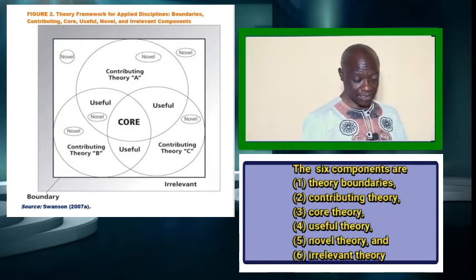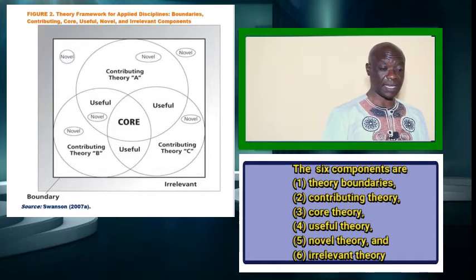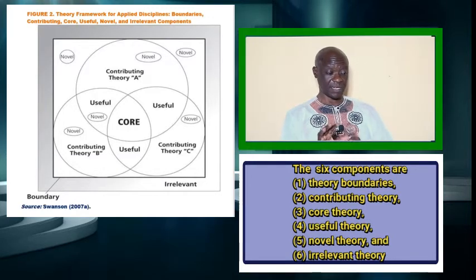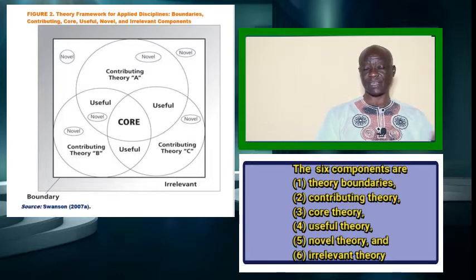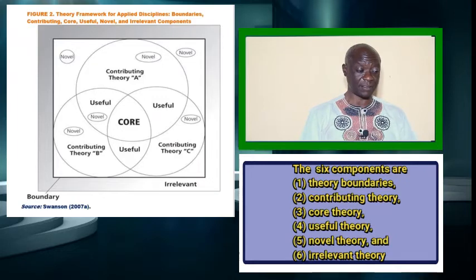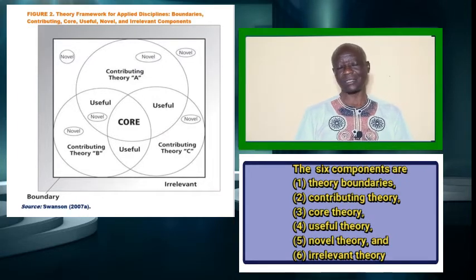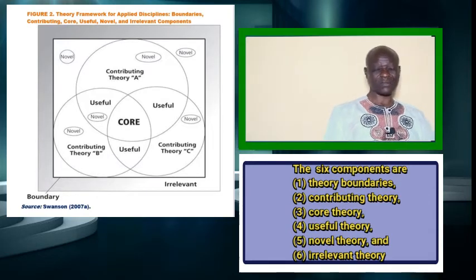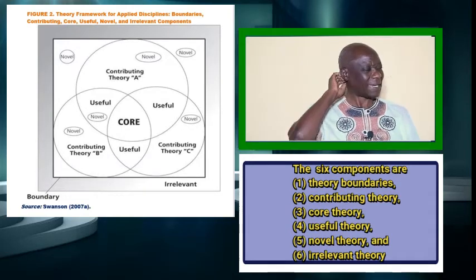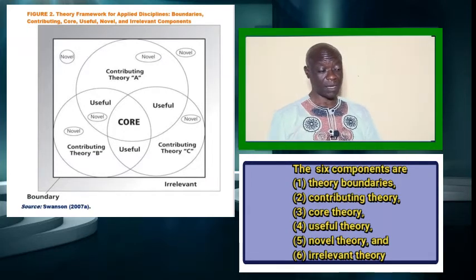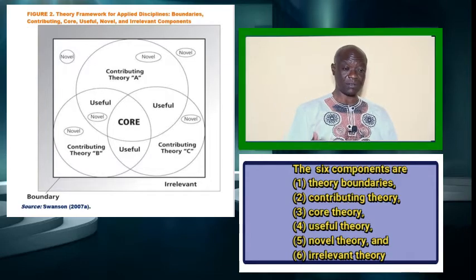Now, the other one is novel theory. Again, as you can see from the diagram, novel theory is everywhere. In fact, even outside the 3 Venn diagrams you have novel theories, and even within the 2 sets where you don't have any intersection. Even where you have intersections, with the exception of the core, which is the intersection of all 3, here we are talking about novel.